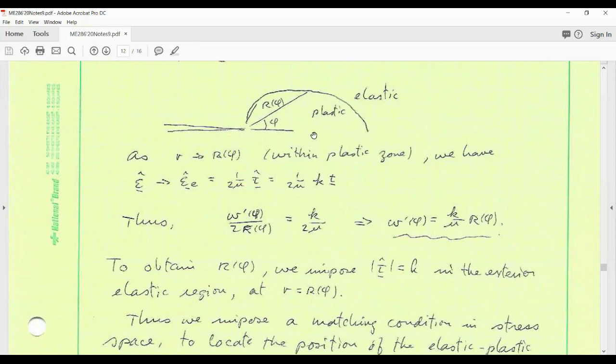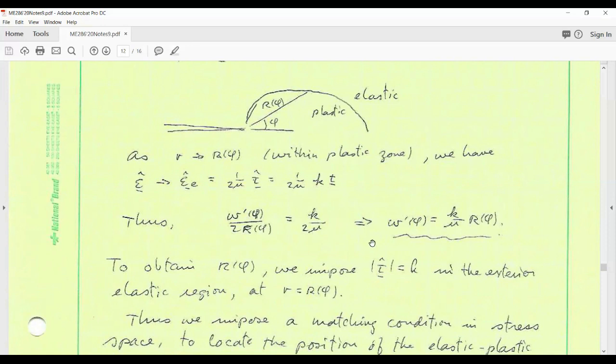R of phi is the limit, is the boundary of the region in which norm tau hat is equal to K, right? We have a perfectly plastic material, so norm tau hat is equal to K everywhere in this interior.